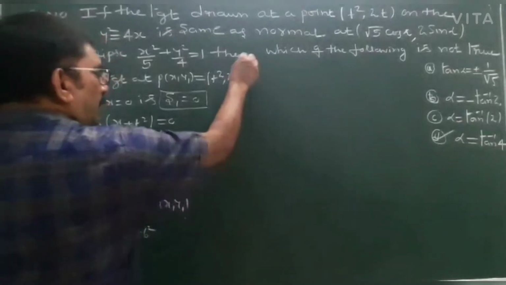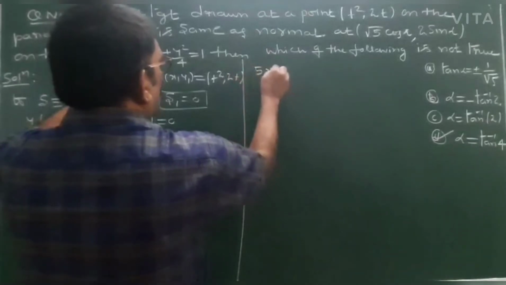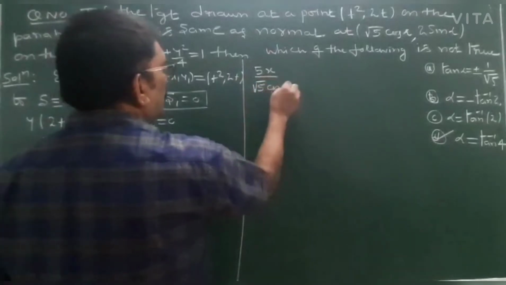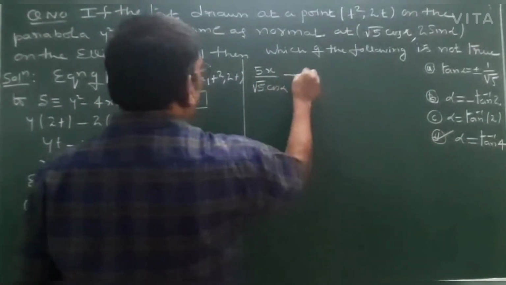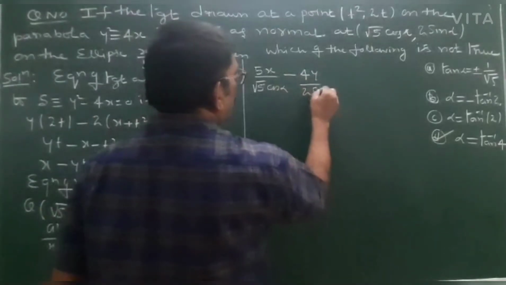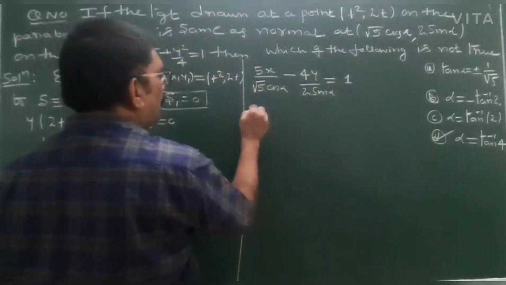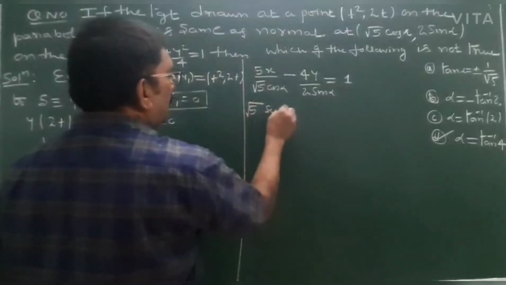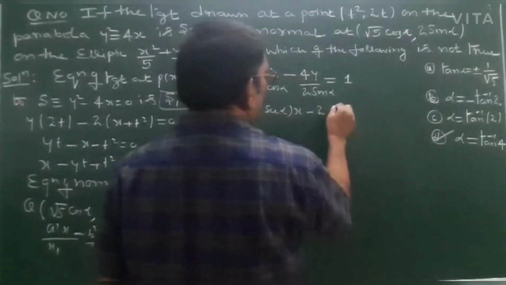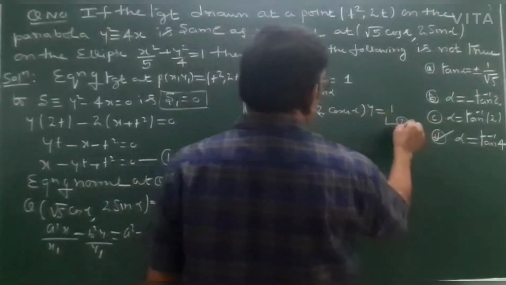So I can write this as 5x upon x1, what is your x1? Root 5 cos alpha, right? Now minus b square, 4, into y upon y1, 2 sin alpha, equal to a square minus b square, which is 1. This becomes root 5 into secant alpha into x minus 2 into cosecant alpha into y equal to 1. Call it 2.